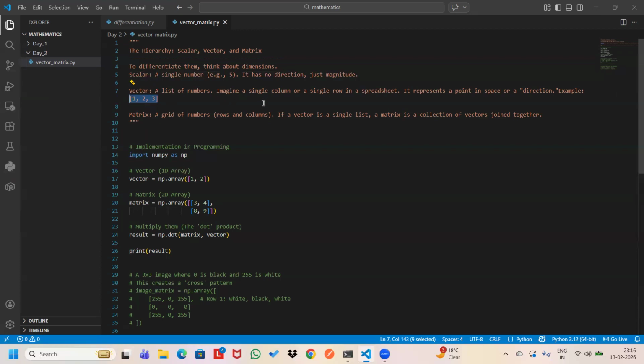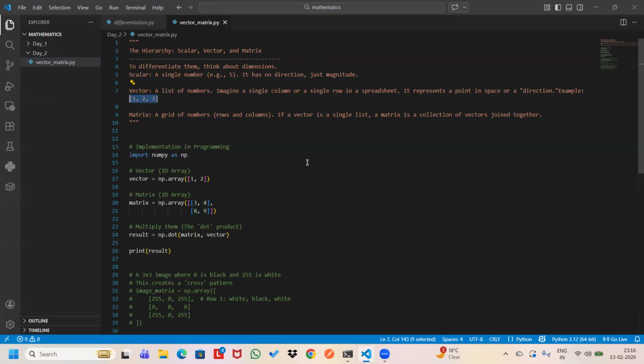Imagine a single column or a single row in a spreadsheet. Suppose I'm putting so many bricks in a single line. It can be a row, it can be a column. So it will be considered as vector. Like scalar, it represents magnitude. Also, it represents direction.